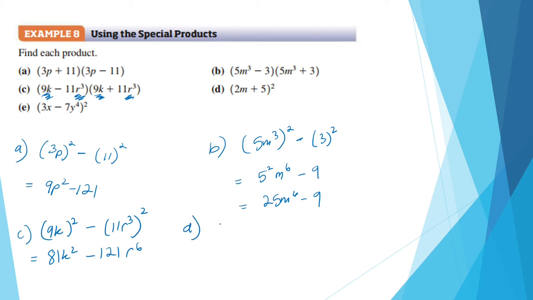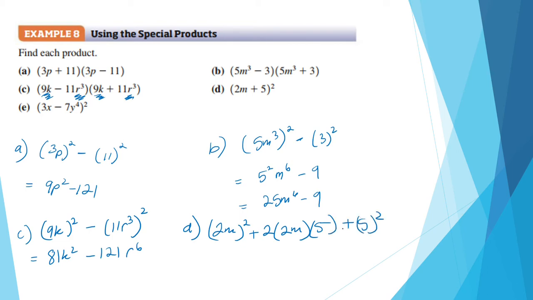For part D, we have 2m raised to the 2nd plus 2 times 2m times 5 plus 5 squared.